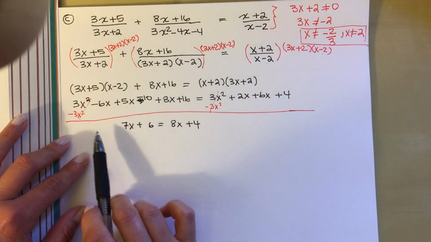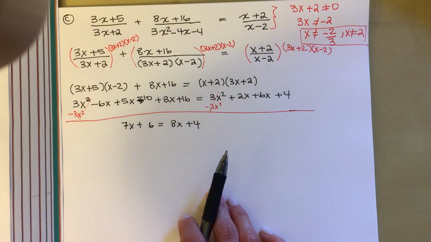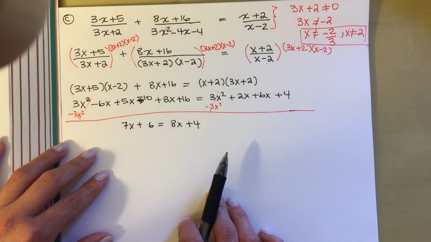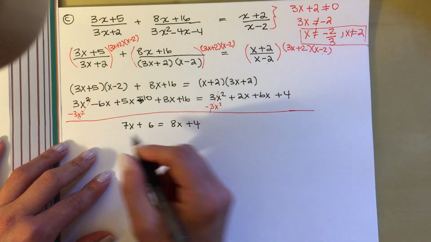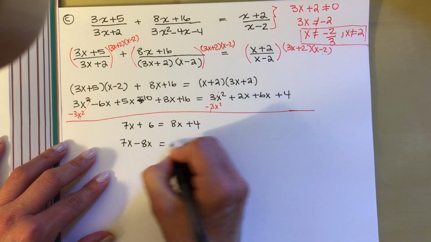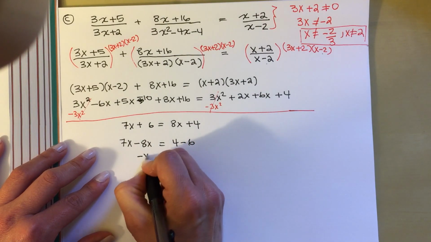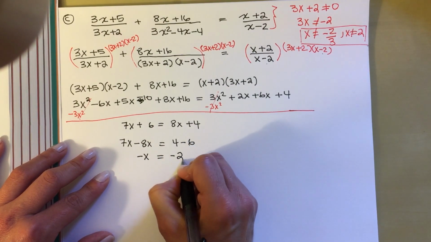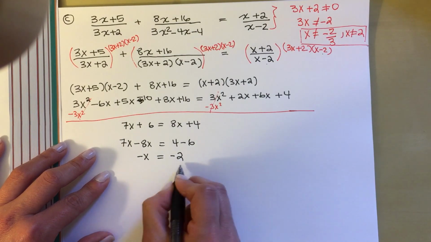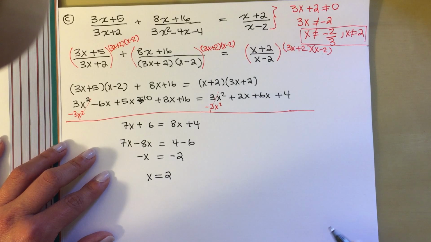So I just subtracted 3x squared and also combined like terms at the same time. And then, of course, solve for x. Divide by -1. X comes out to be 2.